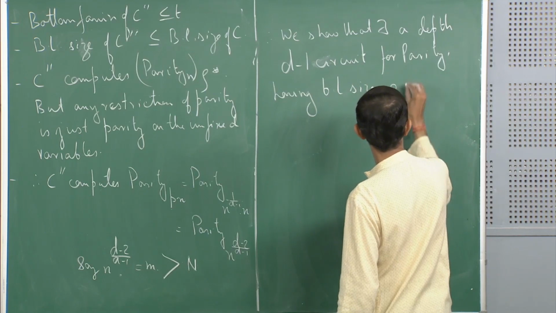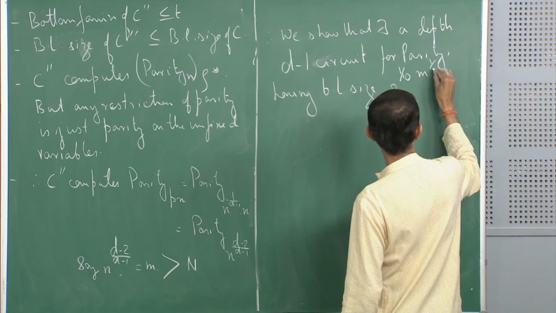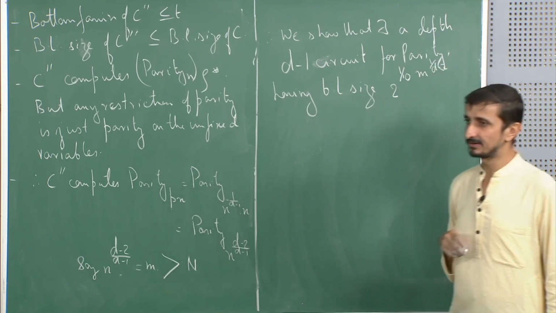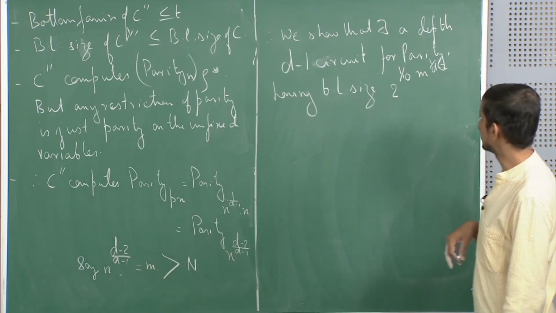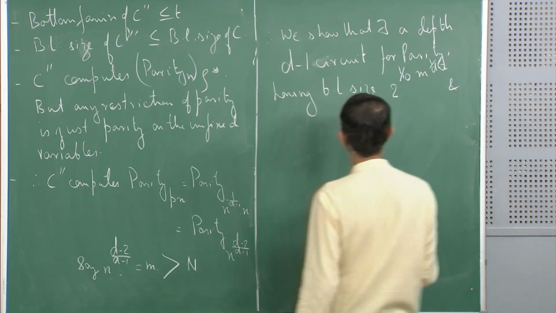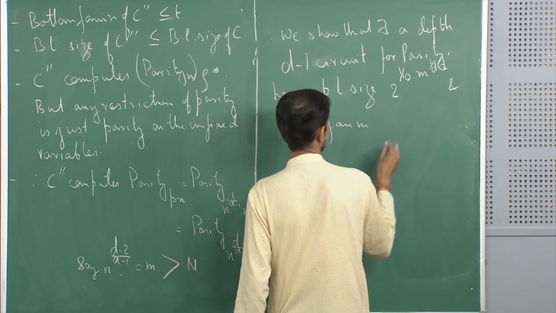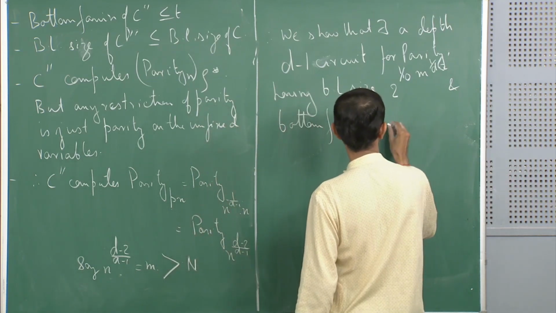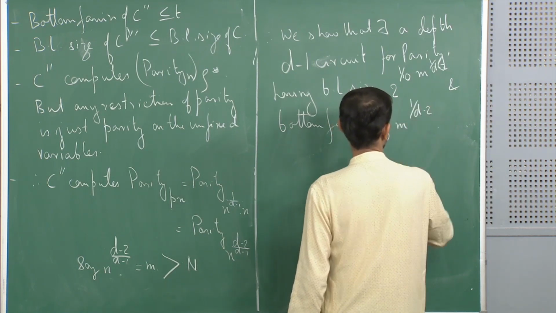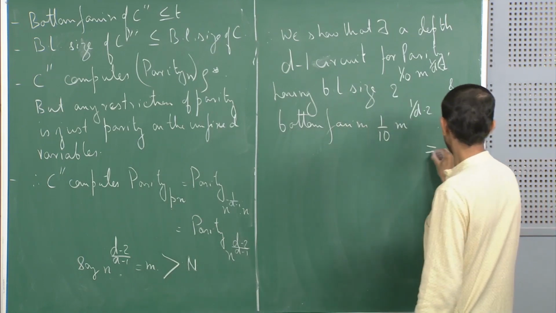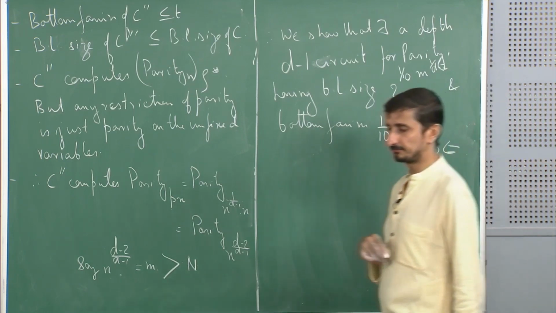So, size will be 2 to the power 1/10 of m to the power 1 over d minus 2 if I just substitute. So, initially, the size was n to the power d minus 2 by d minus 1. So, if I substitute, I get this, and bottom fan-in 1/10 m to the power 1 over d minus 2. So, this is a contradiction, right.